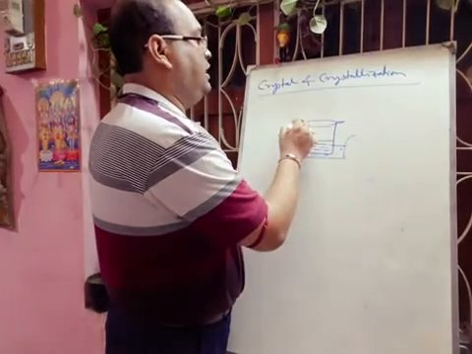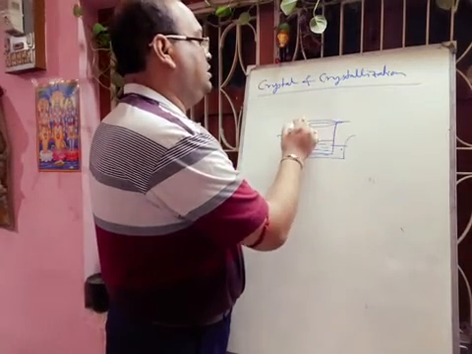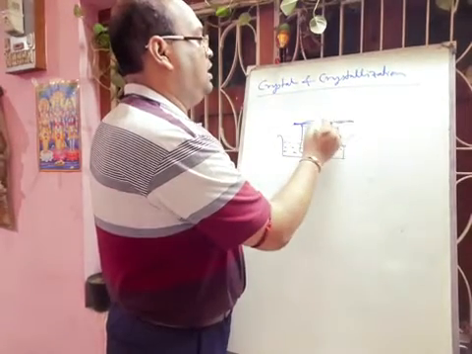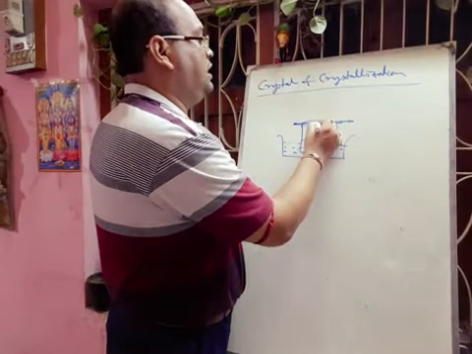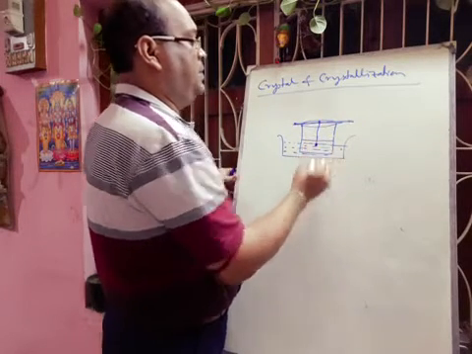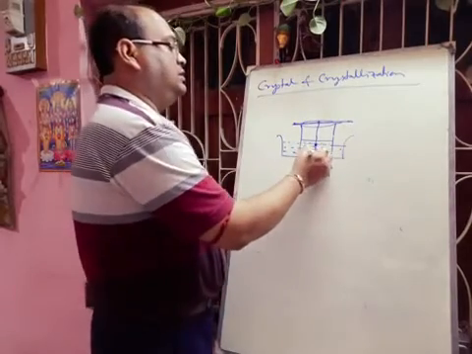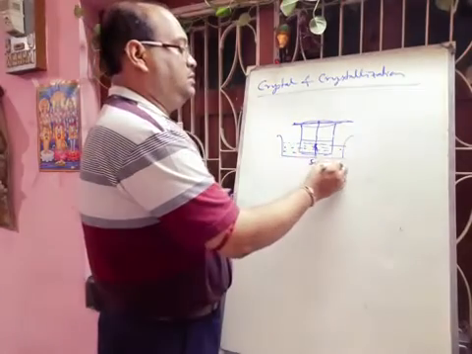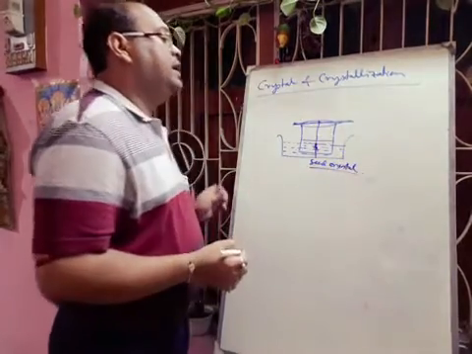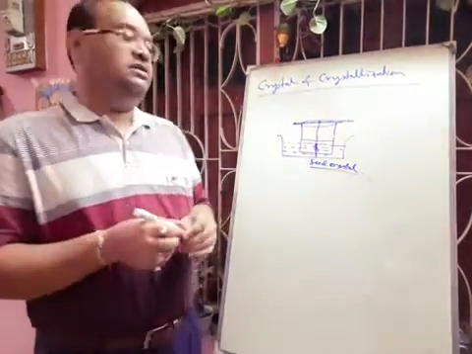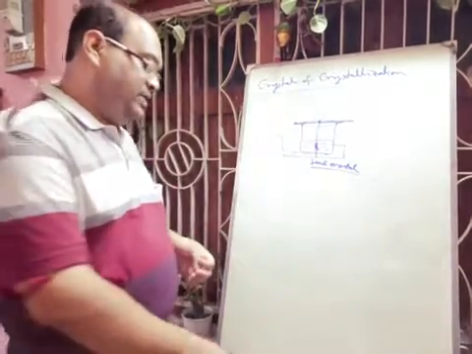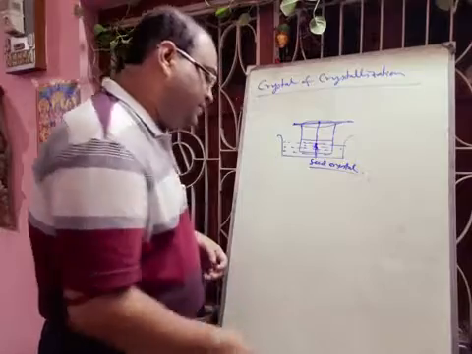Now here we are taking one pencil, and by a thread we are tying one seed crystal like this. This is the seed crystal, and you have to cool it overnight. Then you will get big crystals around the seed crystal. In this way we can prepare crystals.